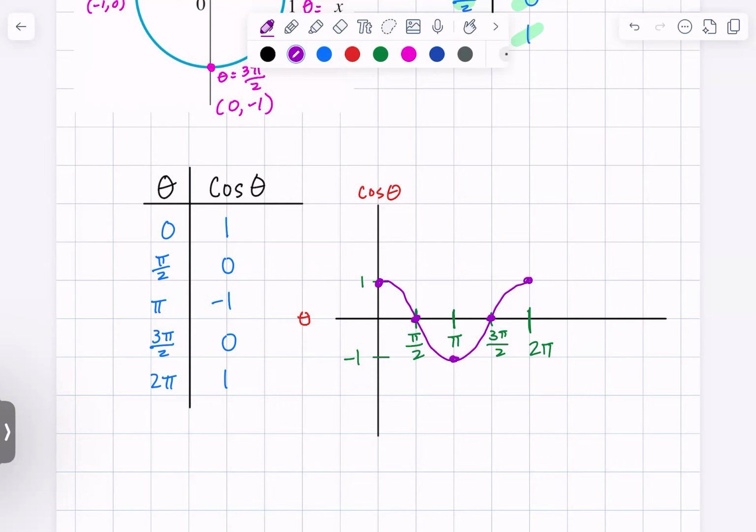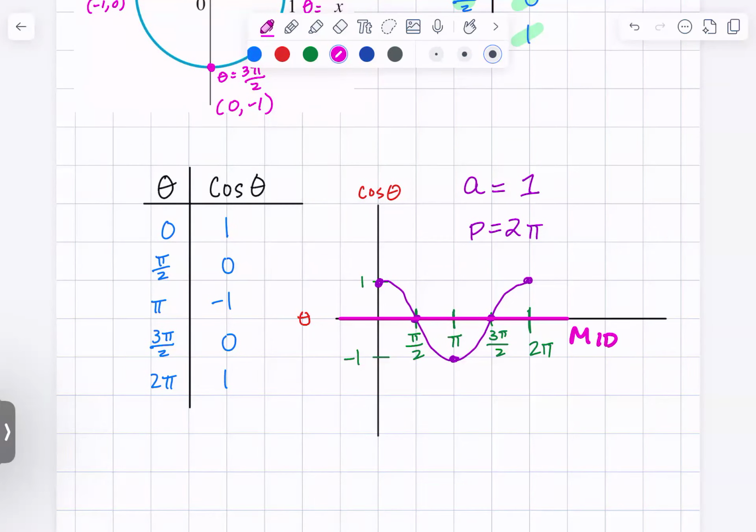My amplitude will always be equal to 1. My period is 2 pi. And this is the curve of cosine. My midline would be this line here. So that's the middle of the graph, right? Midline.